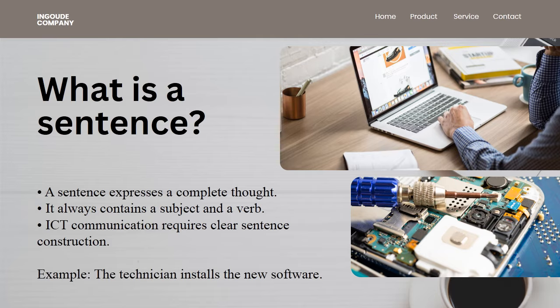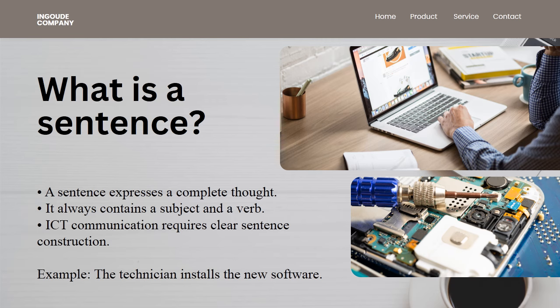Now let's move to define what a sentence is. A sentence is a complete unit of meaning. It must have a subject and a verb. In ICT, clear sentence structure is critical because you often describe processes, systems, or user actions.